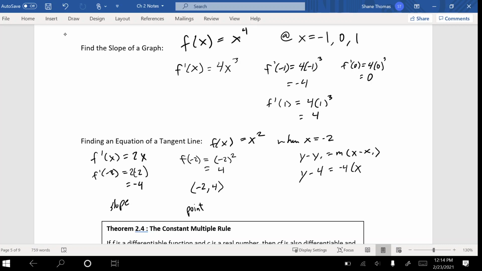My x term is a -2, so we're making a +2. y minus 4 equals -4x minus 8. Add the 4 across. y equals -4x minus 4. So there is the equation of the tangent line for the function x squared when x is -2.